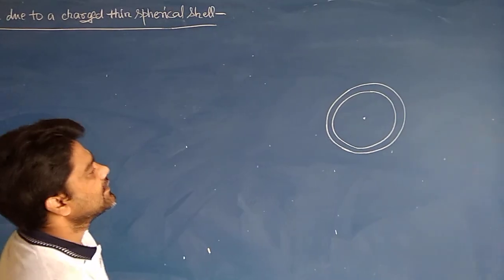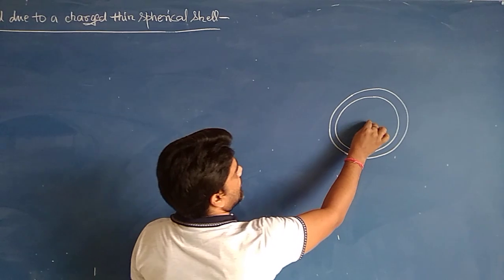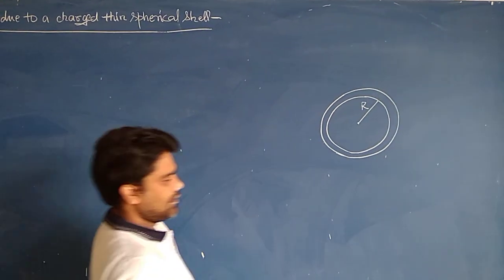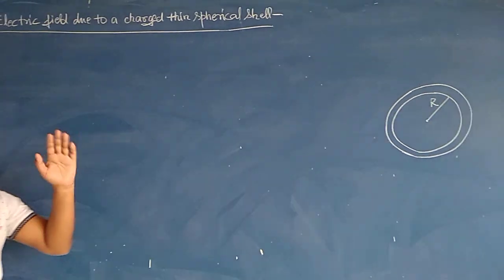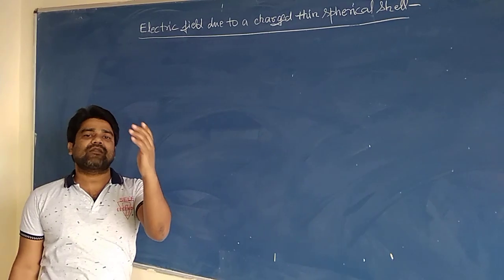This is a spherical cell. Now we are taking a spherical cell of radius capital R. By application of Gauss's theorem, we have to determine its electric field.